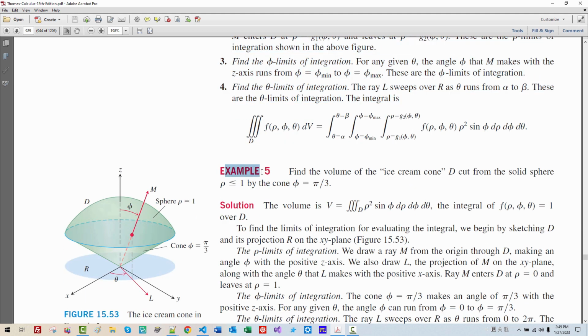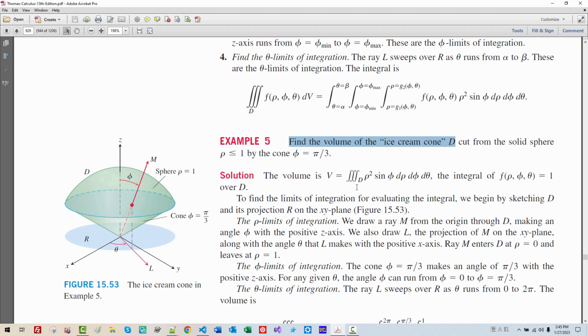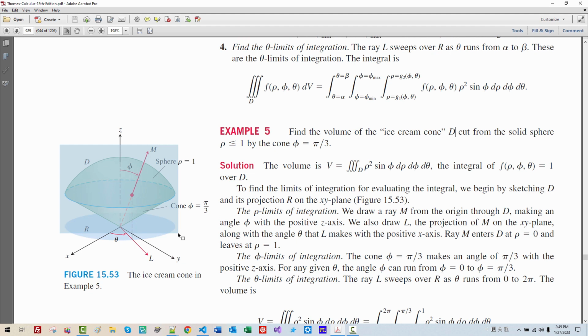Example 5. Find the volume of the ice cream cone D. In this figure, this volume looks like an ice cream cone. D is cut from the solid sphere rho less than or equal to 1 by the cone phi equals pi over 3.